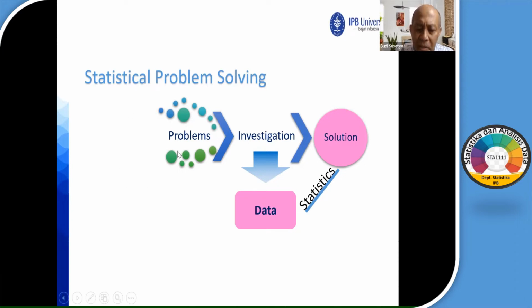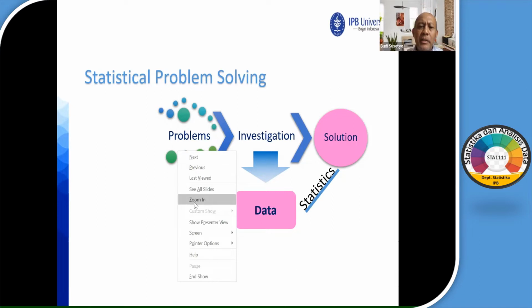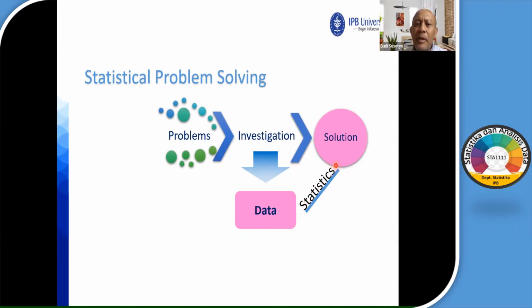And you need knowledge about how you analyze the data. So this is the statistic that you have to learn for getting a good solution from the data, and then you have to implement statistics with the statistic descriptive or statistic inferential, and then you will get a good solution.